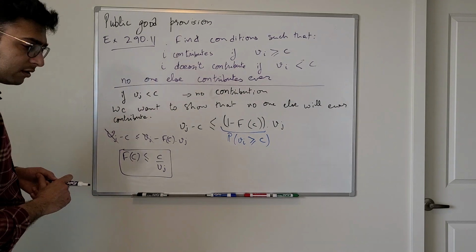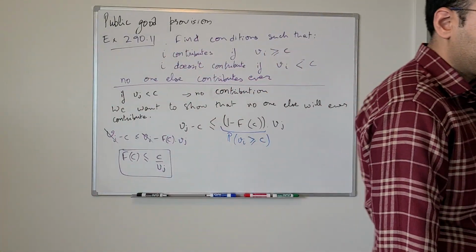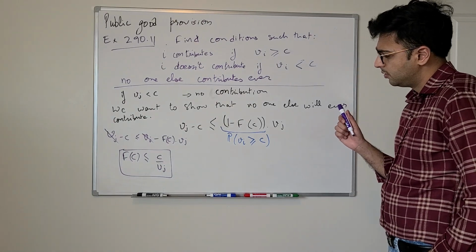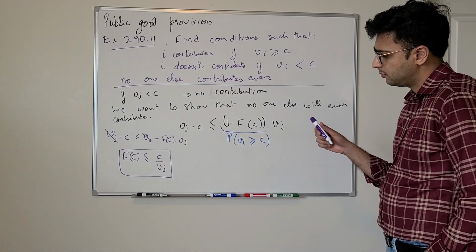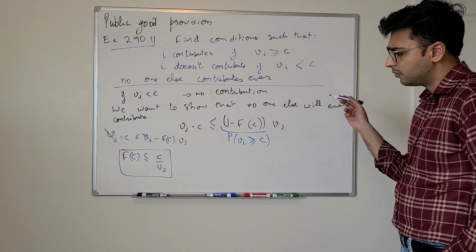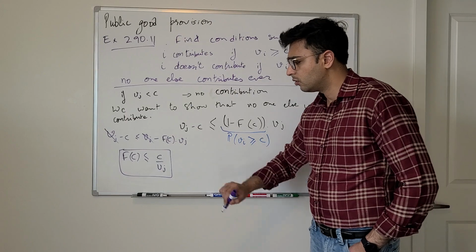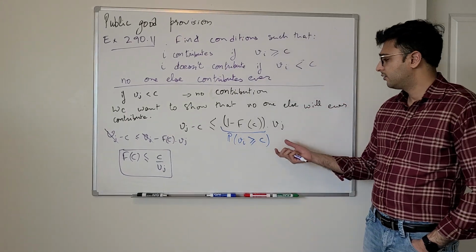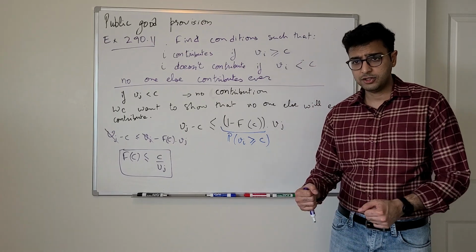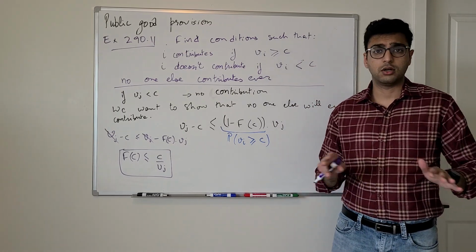As long as this holds, then all players of type J with a valuation Vj would choose to not contribute.